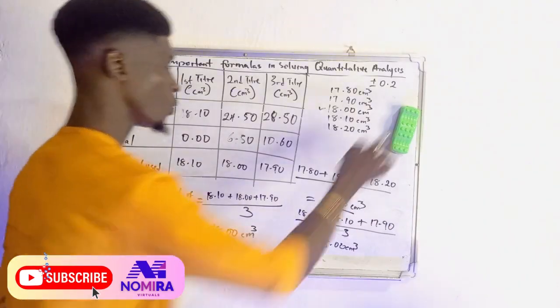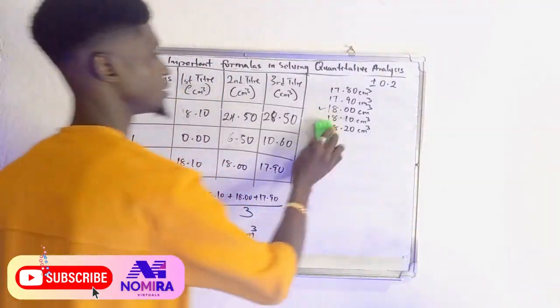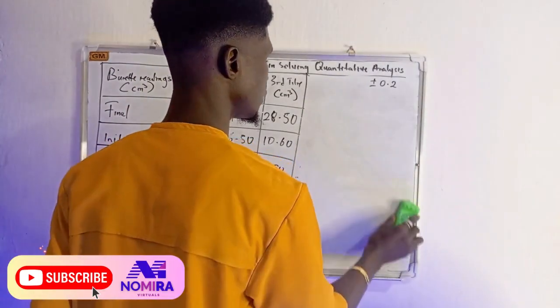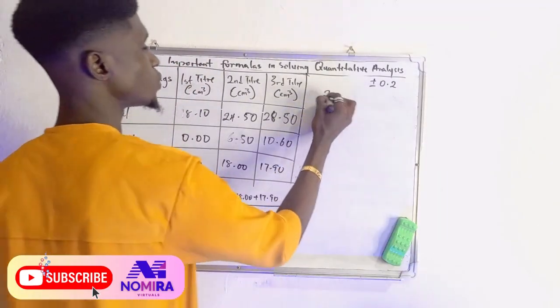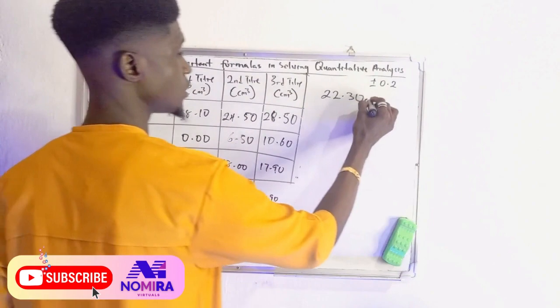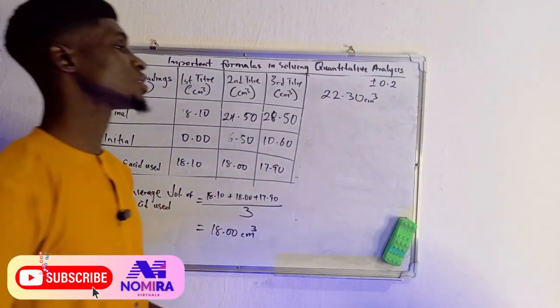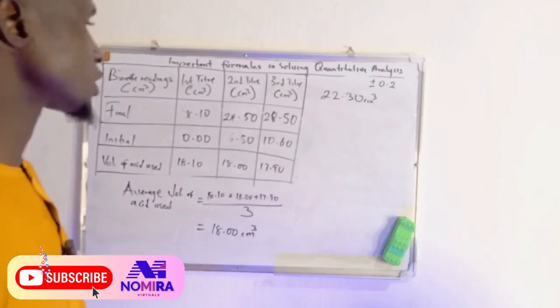Okay? So what if your teacher submitted, let's say your teacher submitted 22.30 cm cube. 22.30 cm cube is what your teacher submitted.